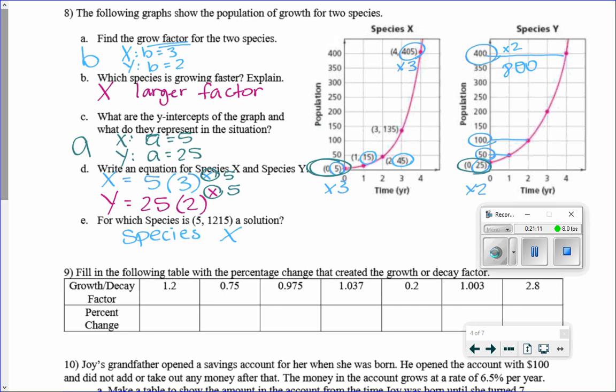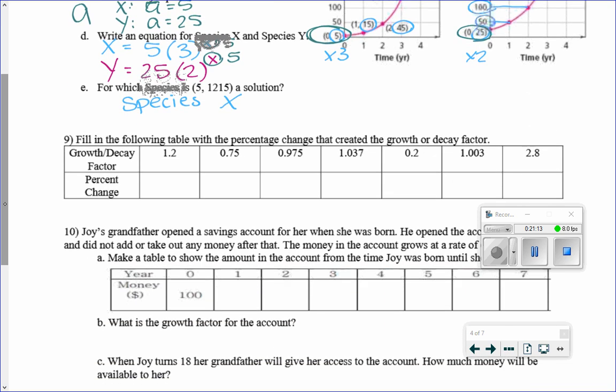Fill in the following table with the percentage change that created a growth or decay. So for percentage change, we're comparing that to 100%. So we're really comparing it to the value of 1. See how far away it is from 1, and then changing that to a percent. Remember, if it's more than 1, it's growth. And if it's less than 1, it's decay.